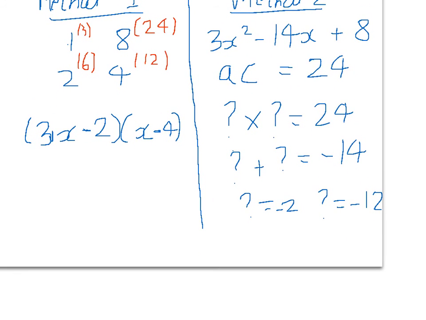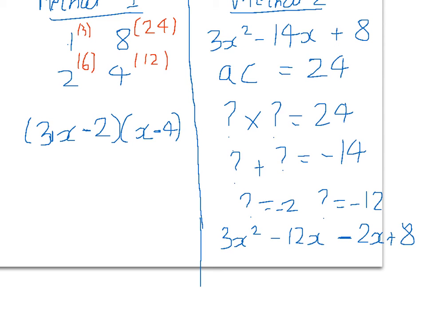So what we do now is we're going to rewrite our question. Instead of writing it as 3x squared minus 14x plus 8, we're going to rewrite this as 3x squared minus 12x, one bit, and then minus 2x, add 8.